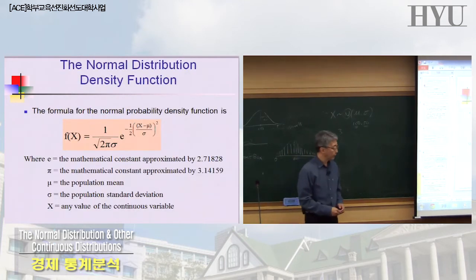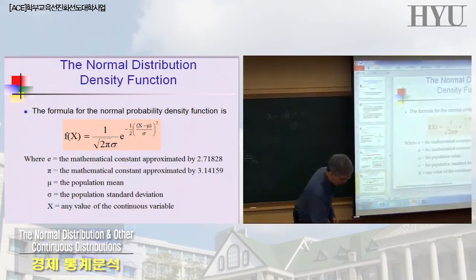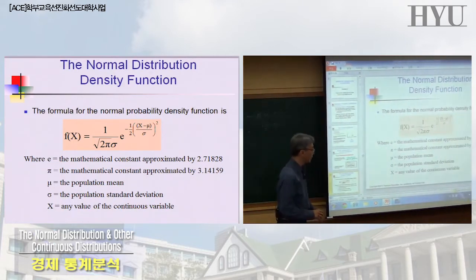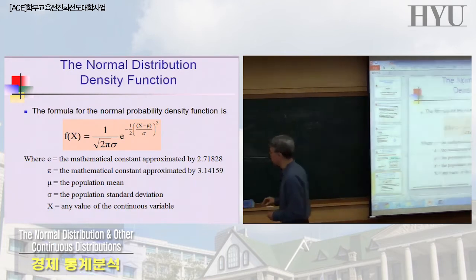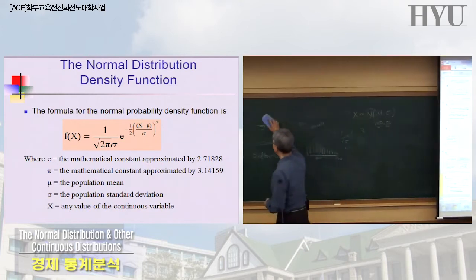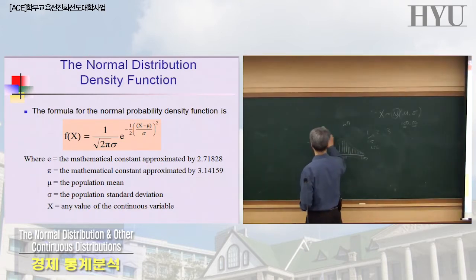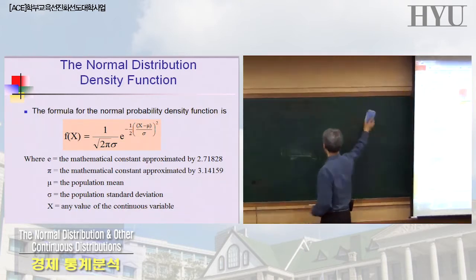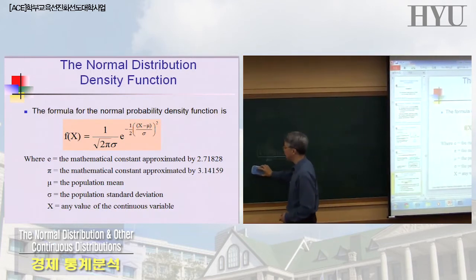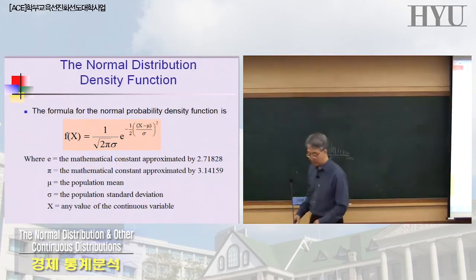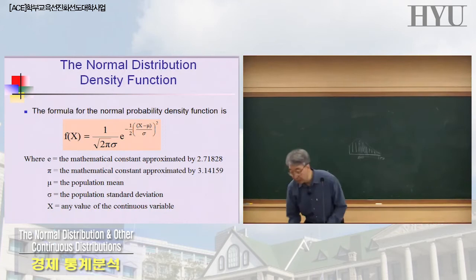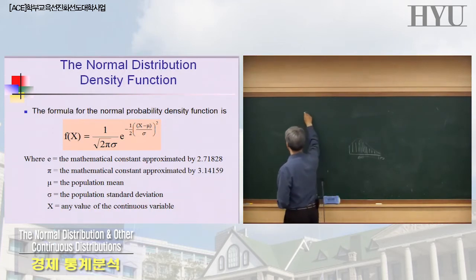All right. So now we need to get ourselves familiarized with the term density function. So you can consider this as sort of a frequency polygon. You know, in chapter 3, we learned about frequency polygon.